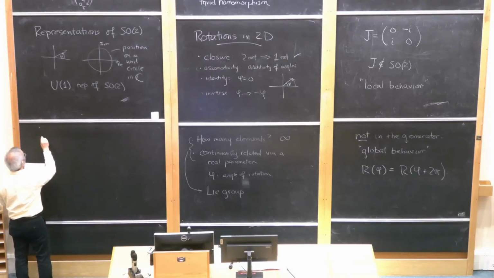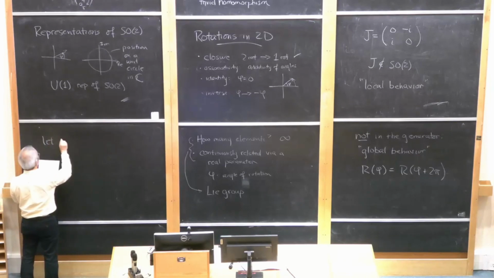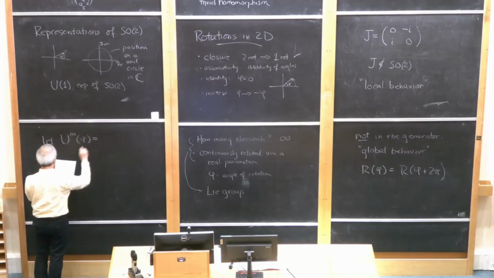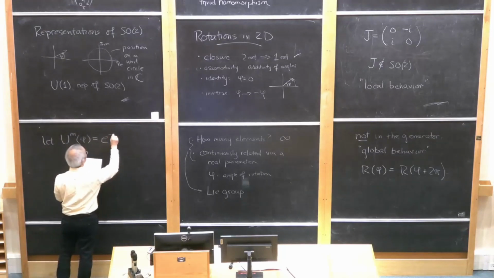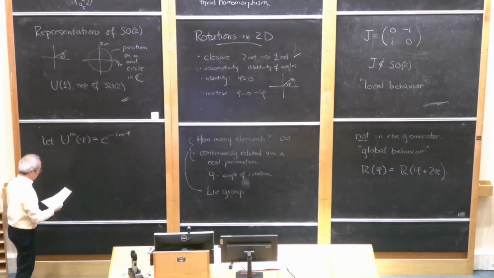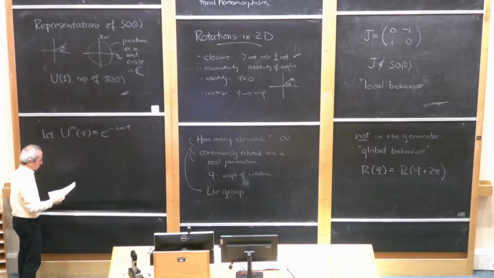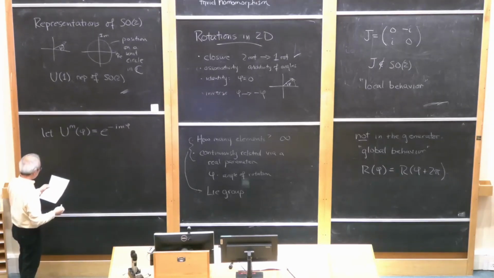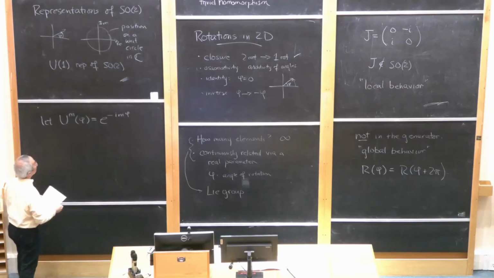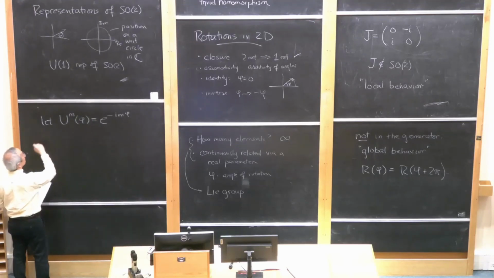So let U_m(phi) equal e to the minus i m phi. So that's a statement. Let's just pick out some values of m and see what happens.